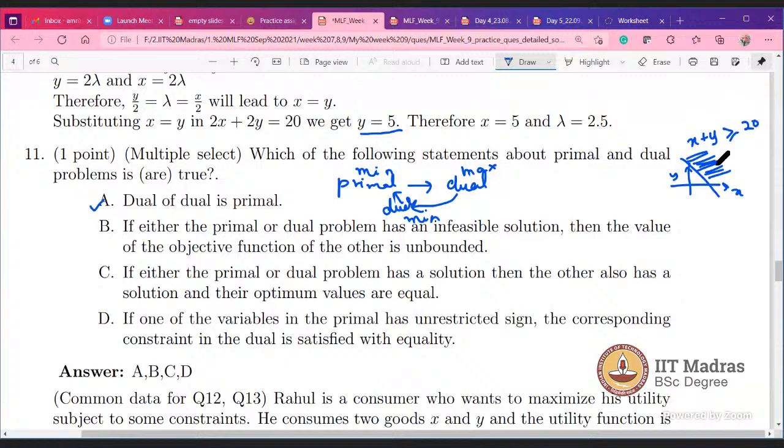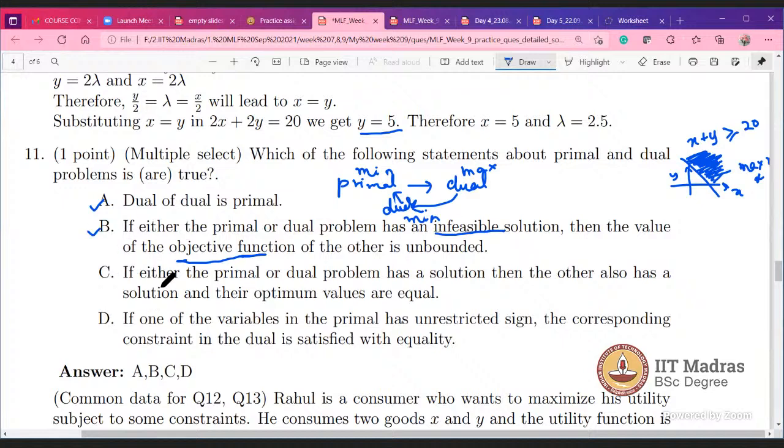This is our constraint, and if you want to maximize some function, let it be f of x. At that time, what happens? Your selection of this x can be anything, infinity, because it is unbounded. So when it is an infeasible solution, the other function should be unbounded. So that is the two options.